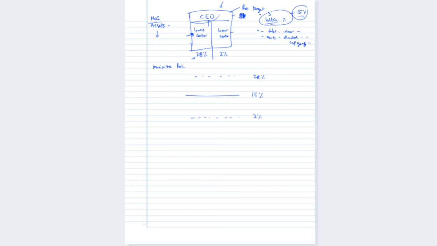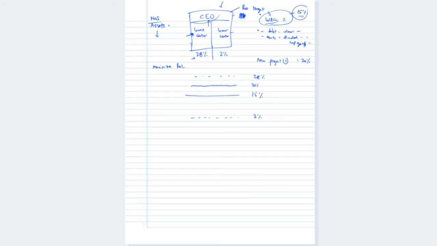The company as a whole has an opportunity to invest in a new project. And let's say we do the analysis and we think new project number one is going to earn a 20% return.